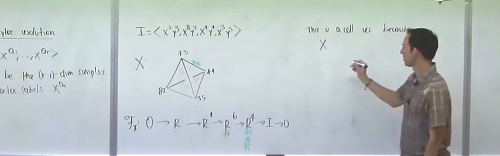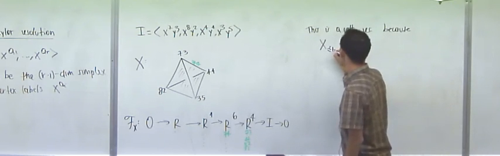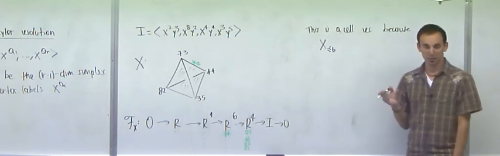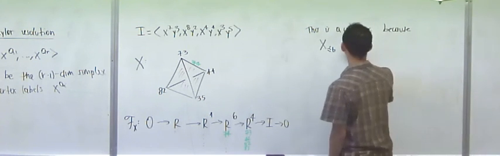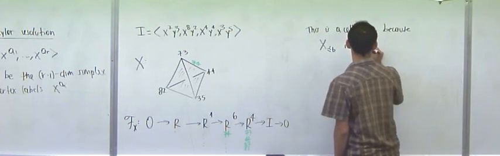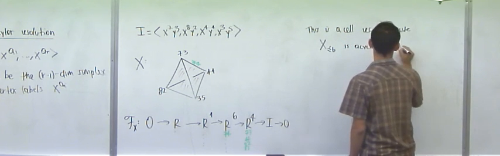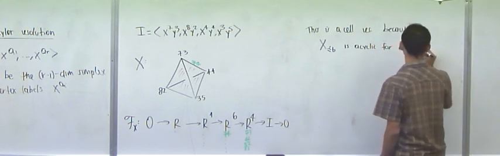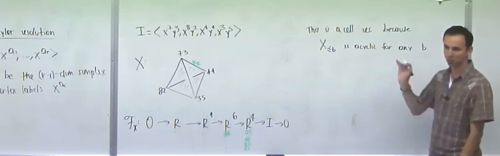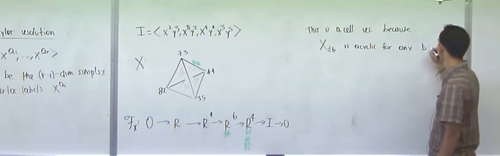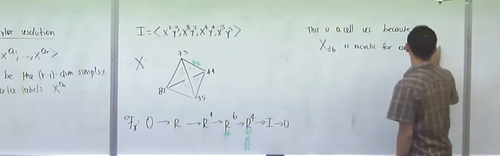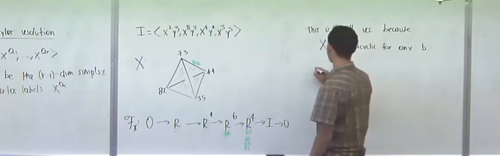I need to look at this, and I need to make sure that it's acyclic for any b. Right? That's the condition that needs to hold so that this is really a cellular resolution. Okay? So I claim that this is true in this case.